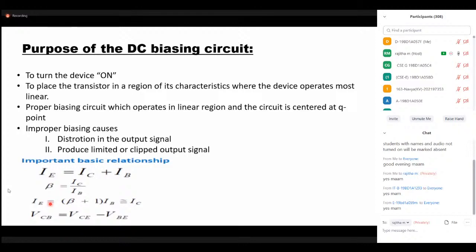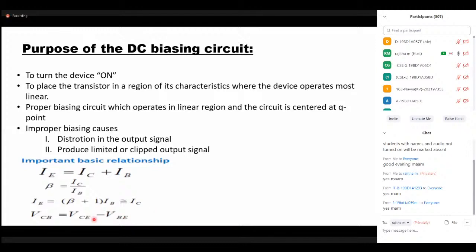Hence, the effective width of the base region is very small. So the amount of base current is negligible when I compare the emitter current with the collector current. Hence the emitter current is approximated to the collector current.